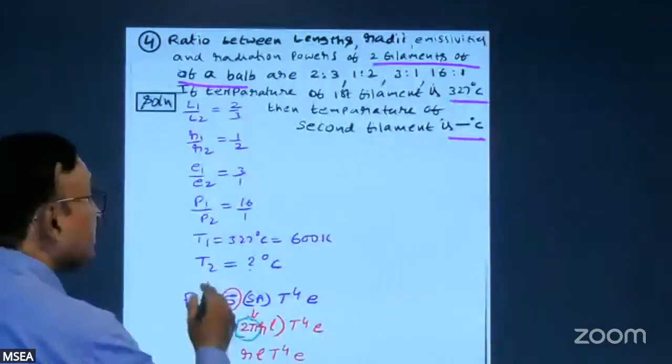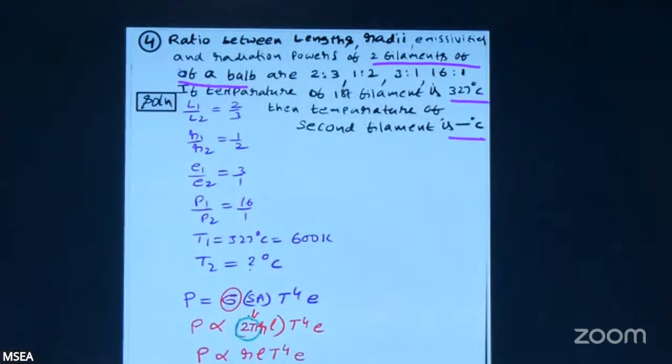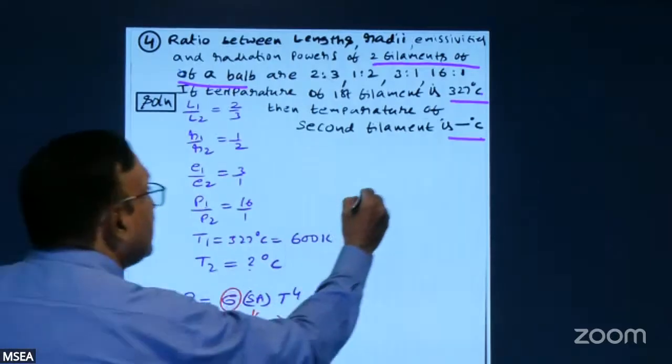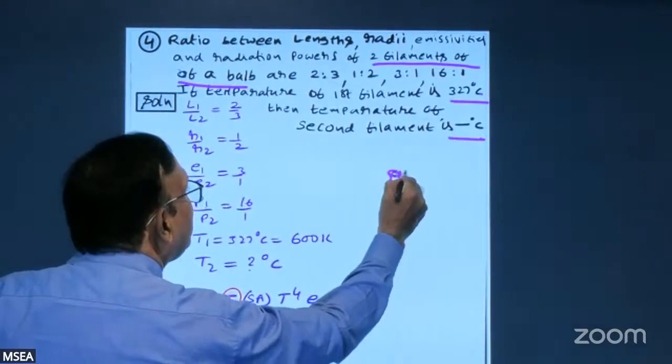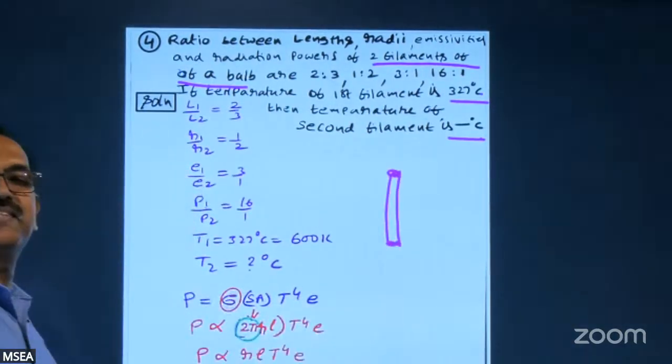Then the main point here is how to calculate surface area. Yes, in Stefan's law, the main wording is surface area. Surface area of a solid sphere we have seen, hemisphere we have seen. Now it is about a filament. A filament is a long cylinder with a negligible radius.